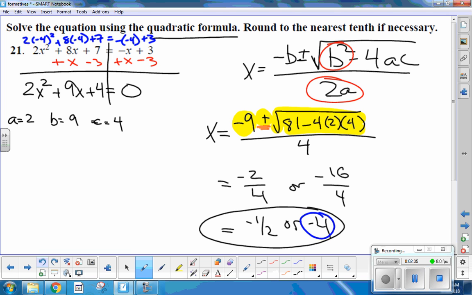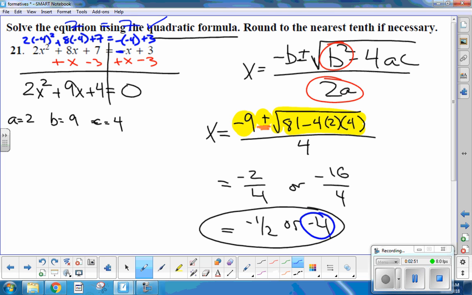Let's notice how this negative sign is still in front of the x, and then my x is -4. So I'm going to go ahead and type that in. And when I type both of those in, the left side gives me 7, and the right side gives me 7, so I know I have the right answer.